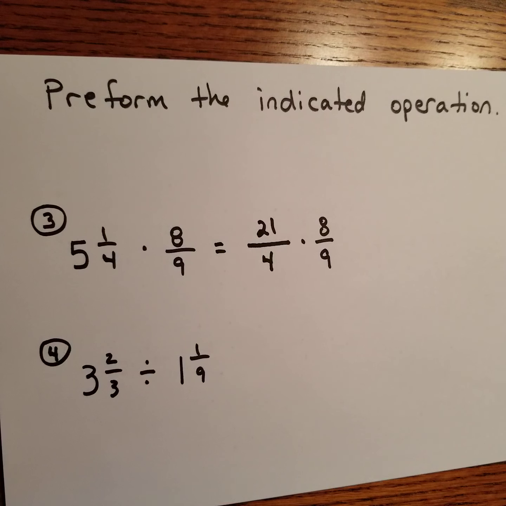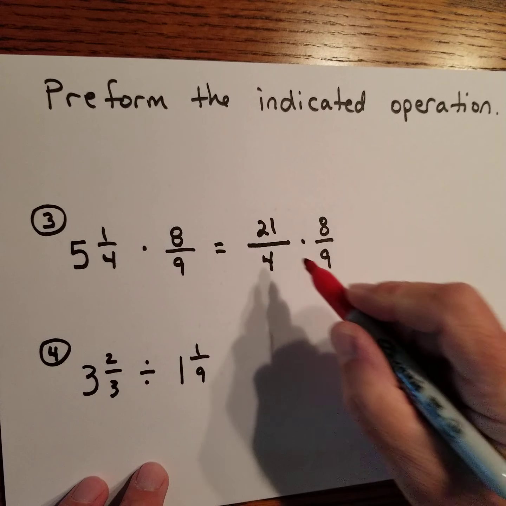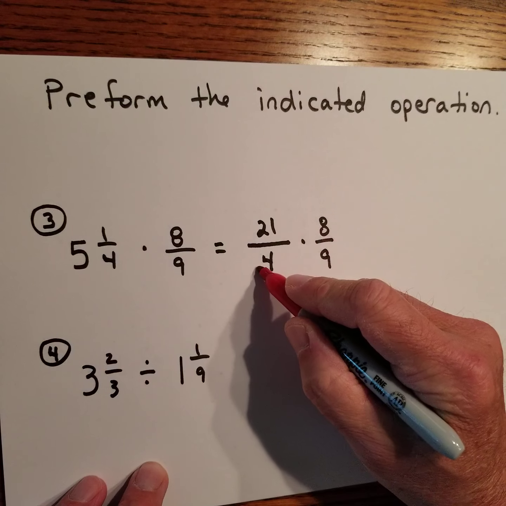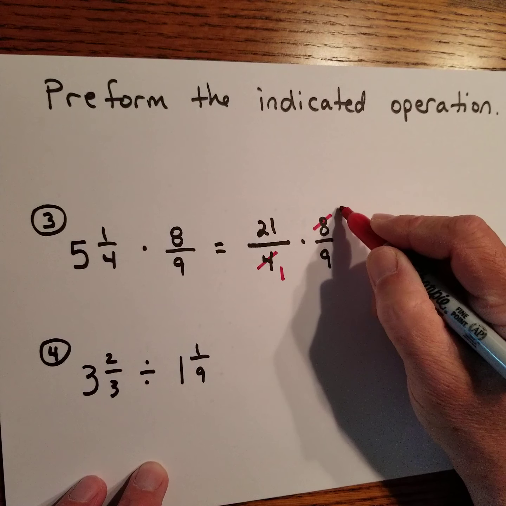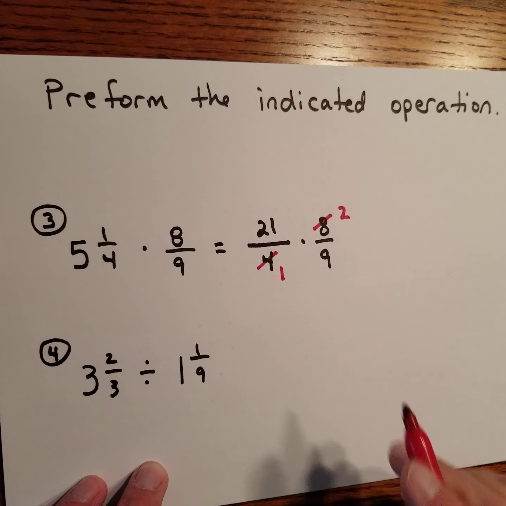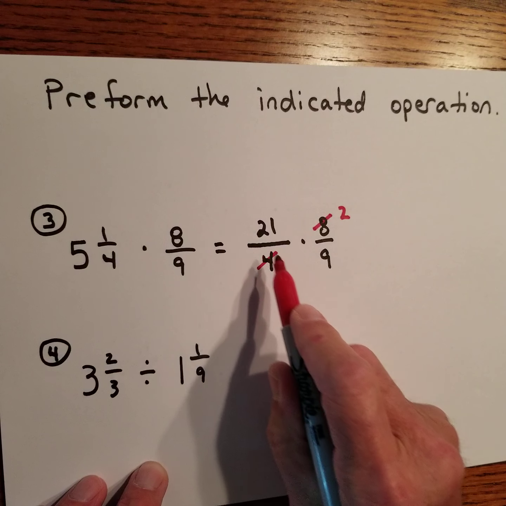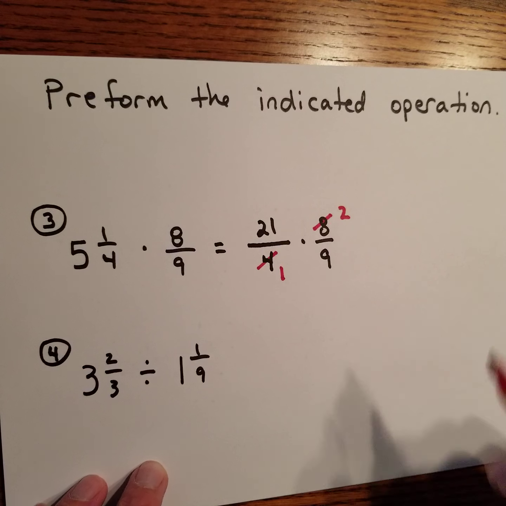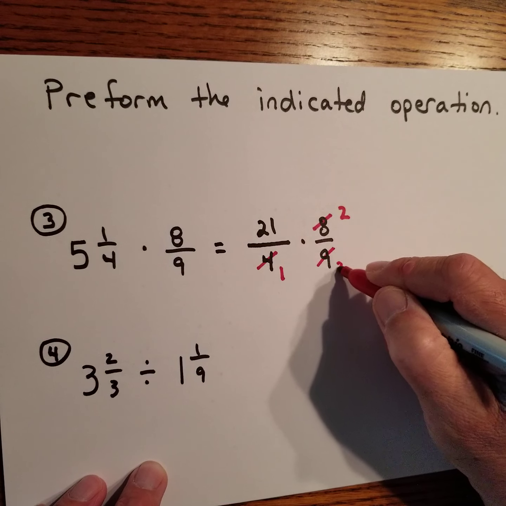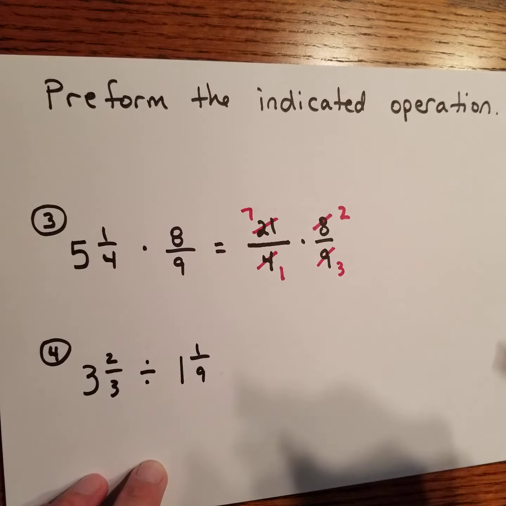I am allowed to reduce tops and bottoms. Reduce any top with any bottom, like the 4 and the 8. Divide by 4, divide by 4. I can also reduce the 21 and the 9 because they're both divisible by 3. Divide by 3, divide by 3.